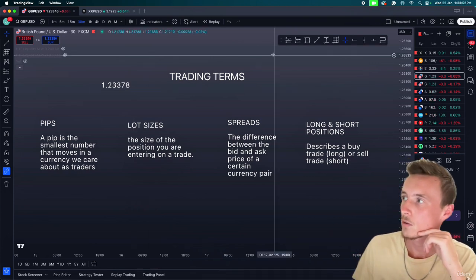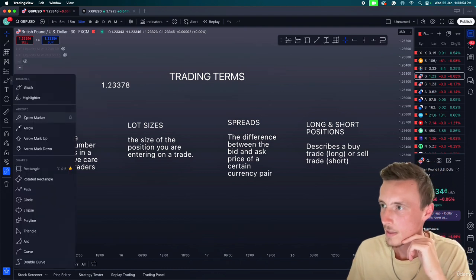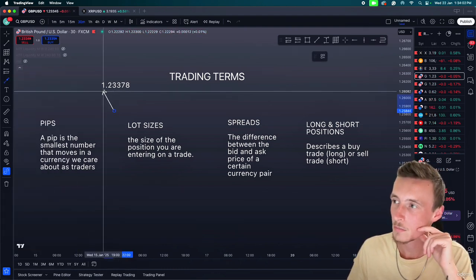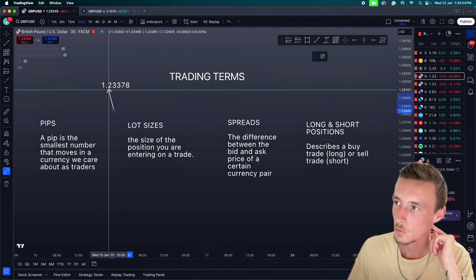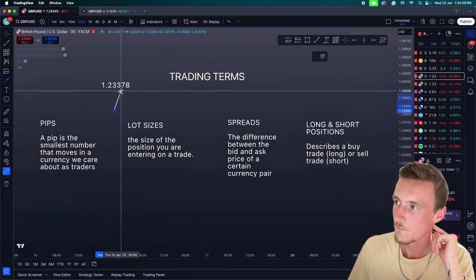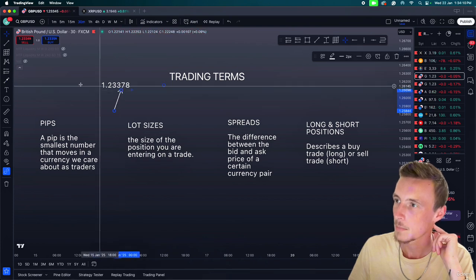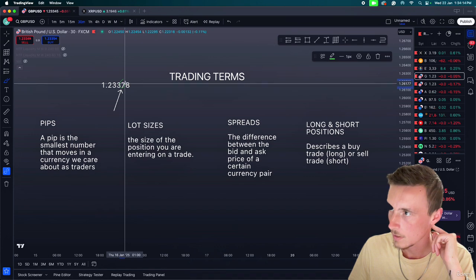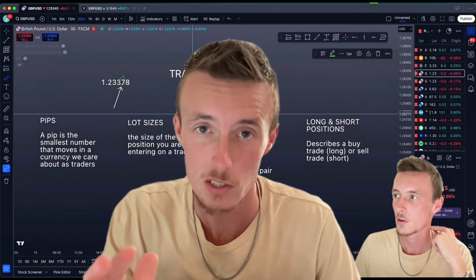So how do we identify the pip? The pip is the 4th decimal place, not including that first number, of course. From this decimal, we count 1, 2, 3, 4, meaning that this number 7 is in fact our pip that we are caring about. So real quick, I just got to jump in here.